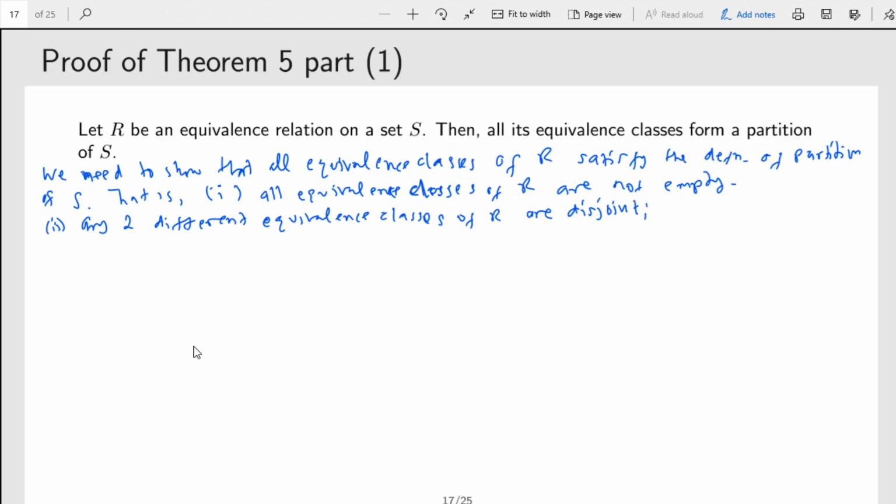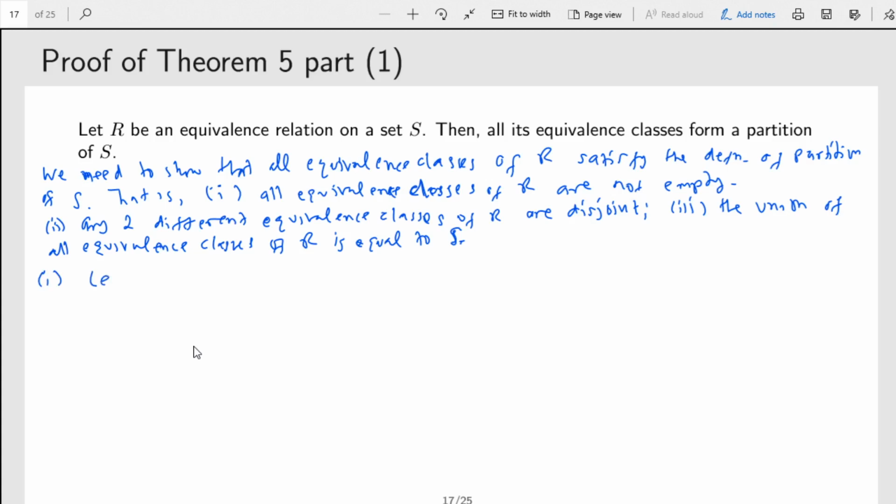And then 3, the union of all equivalence classes of R is equal to S. So these are the conditions of the partition. So let's show one.